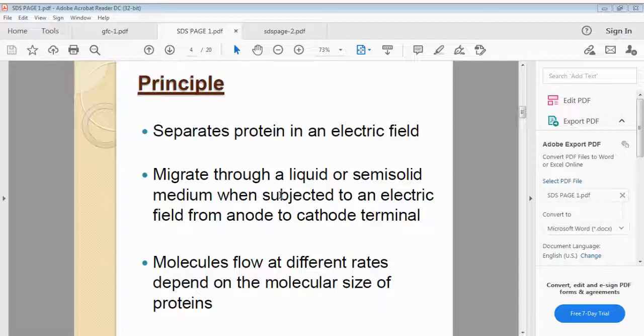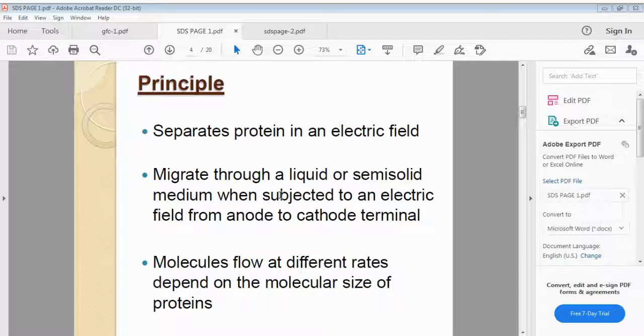This charge can be attributed to the acidic amino acids or the basic amino acids, or when they are ionized. As I told you yesterday, depending on the pH in which they are present, they can be ionized, so they can be made to carry charge.